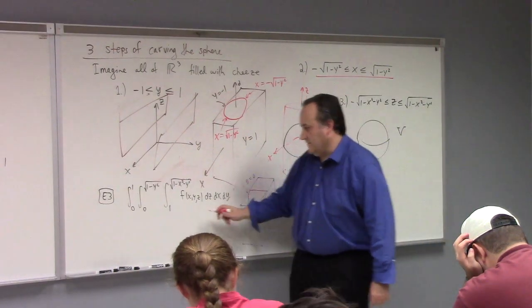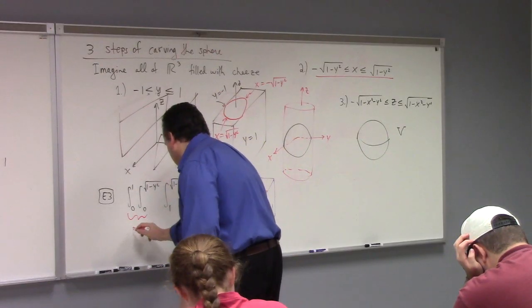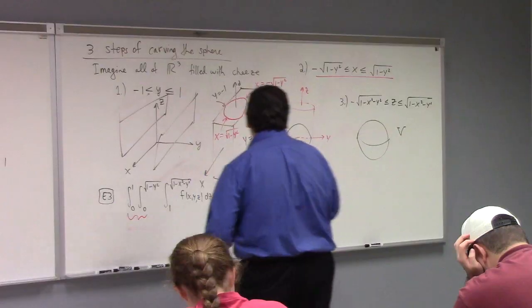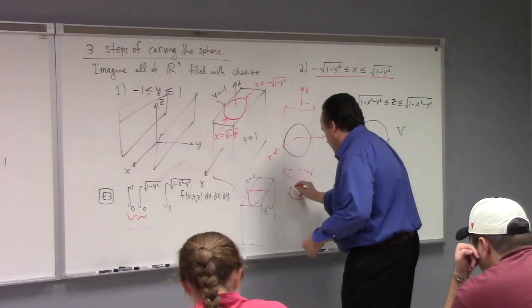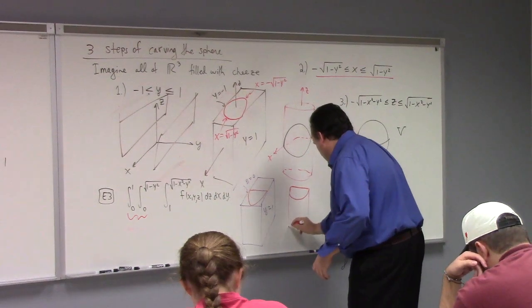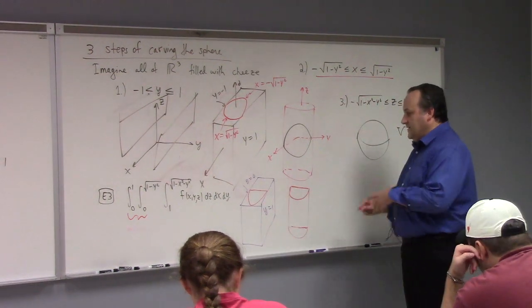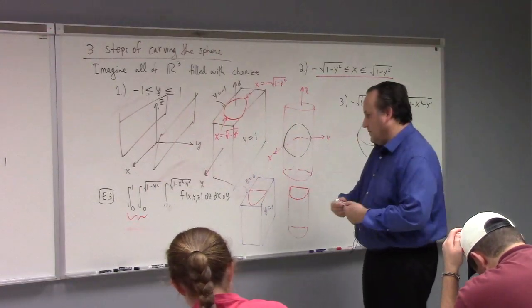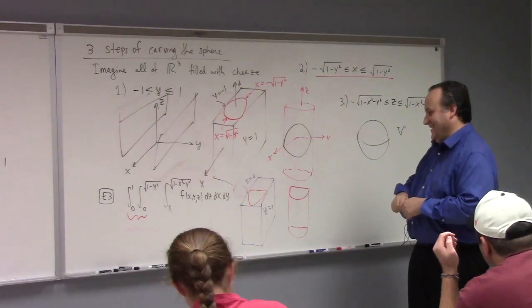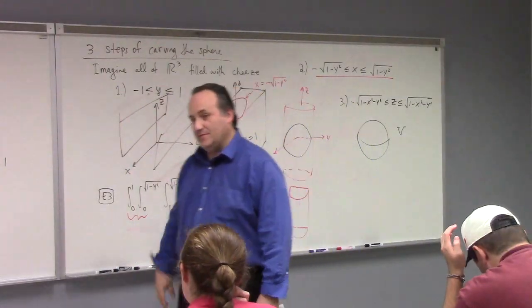So what I'm left with, if I just look at these two, is this infinite half cylinder, right? But then z is ranging from what? I can do this integral.